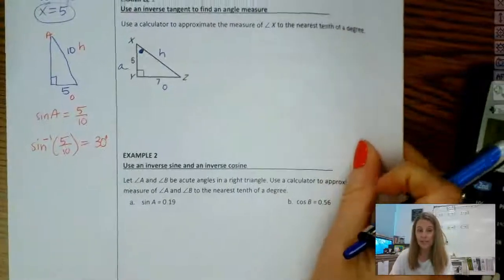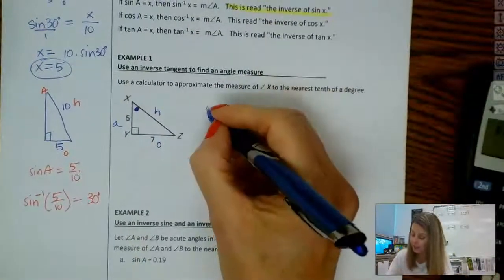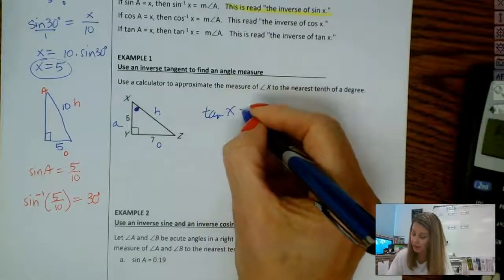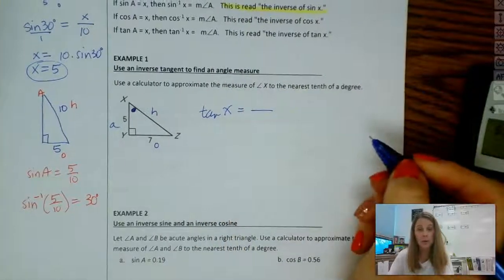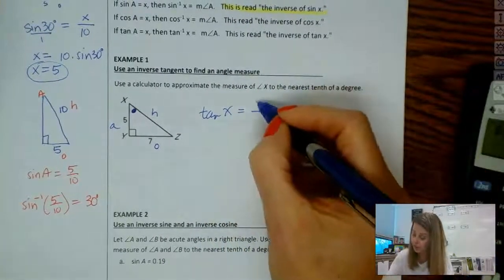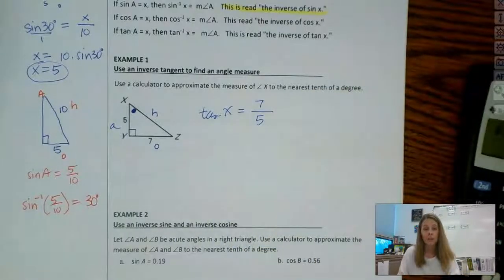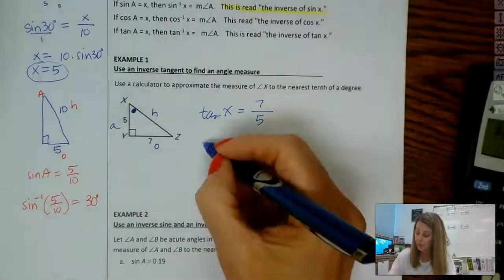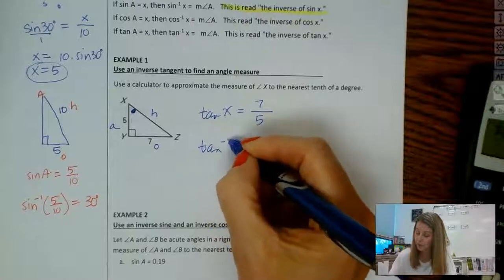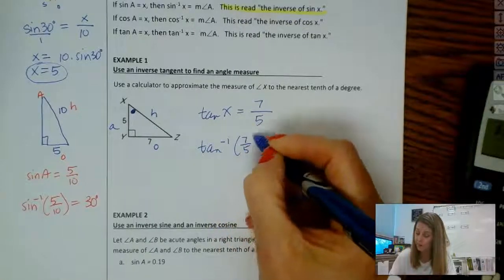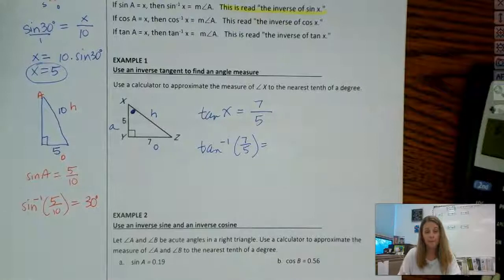So I'm going to start by saying that the tangent of X is equal to opposite over adjacent. So 7 over 5. So in order to get the angle measure, I'm going to do the inverse tangent of that ratio. Okay, so if I knew the angle, I would calculate either 7 or 5, but this time I'm going to do the inverse.